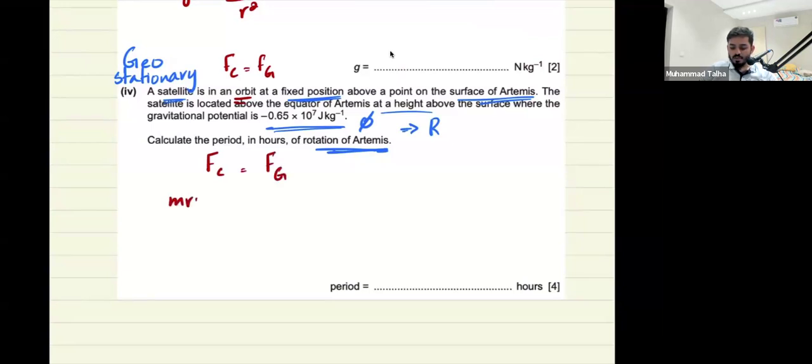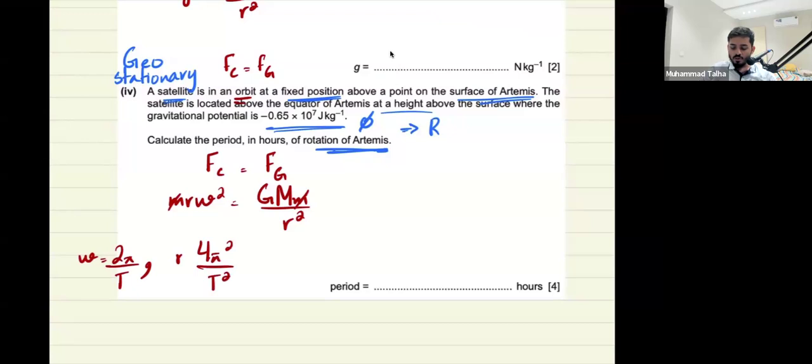If I write this as m r omega square or as m v square over r, you know this makes no difference. And by Newton's law of gravitation, GMm over r square, the m's cancel out. Omega I can write as 2 pi over T. So this becomes r, and omega is basically 4 pi square over T square. If I also cross multiply by this r square here, this becomes r cube equals GM.